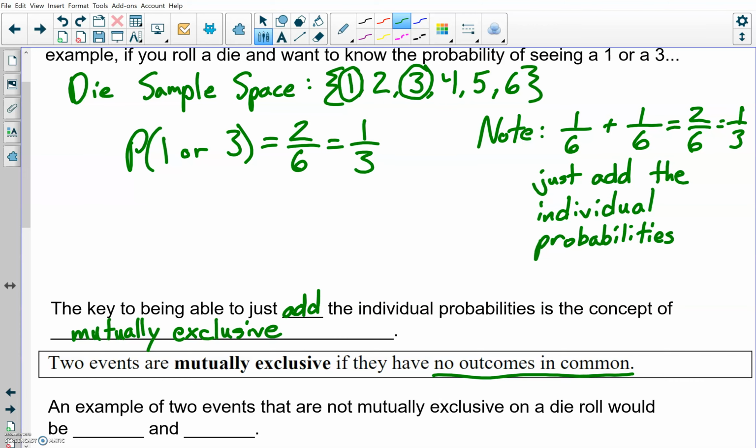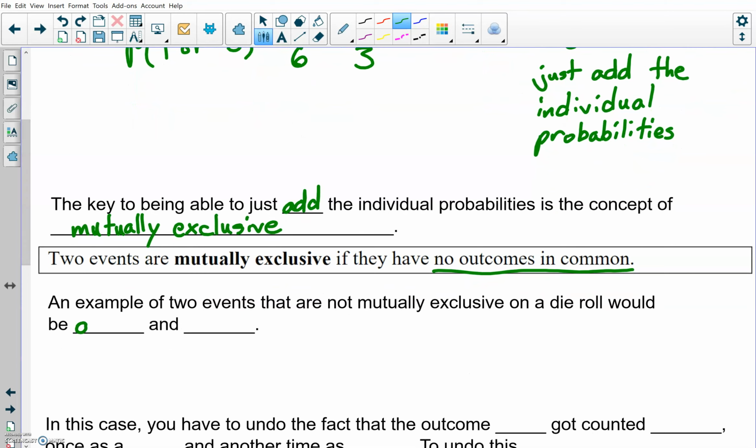So an example of two events that are not mutually exclusive on a die roll would be odd and 3.